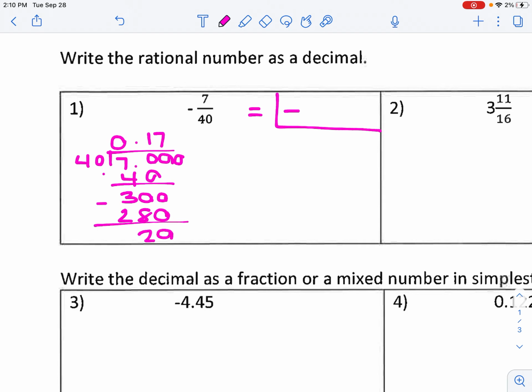Subtract, you've got 20, and drop your last zero. 4 goes into 20 5 times, so 40 goes into 200 5 times. 40 times 5 is 200, with 0 left over. So this is going to be negative 0 and 175 thousandths.